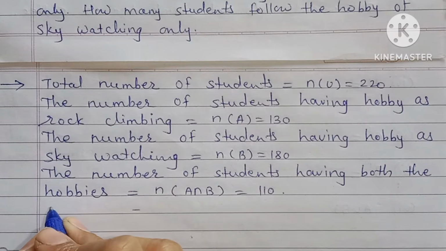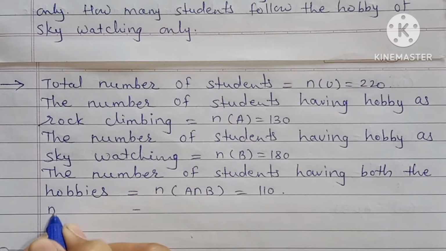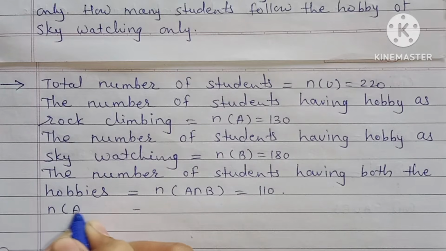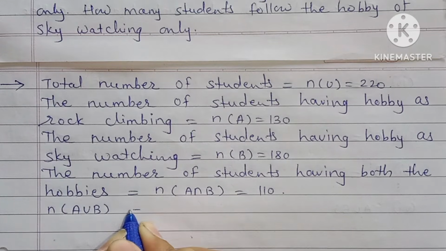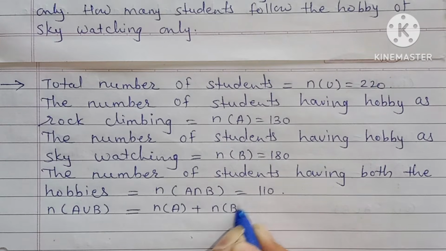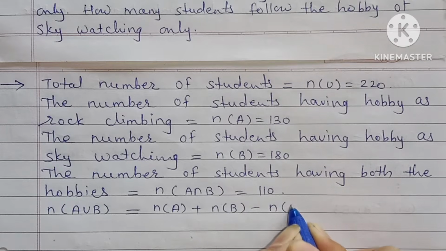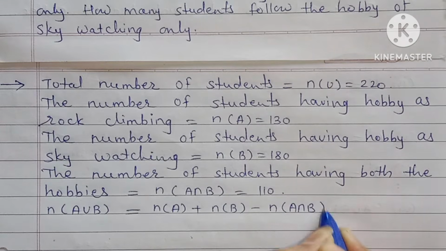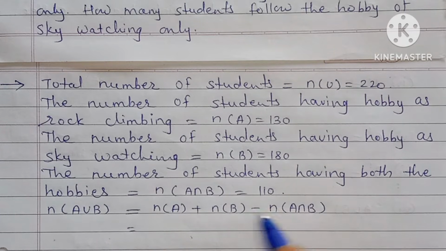Now use the formula n of A union B. n of A union B is equal to n of A plus n of B minus n of A intersection B. Now put the values.